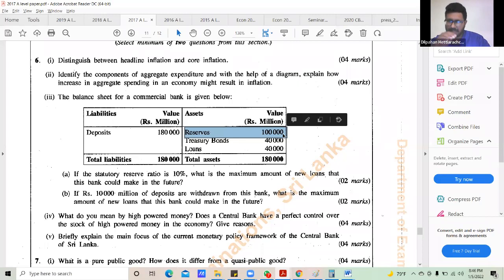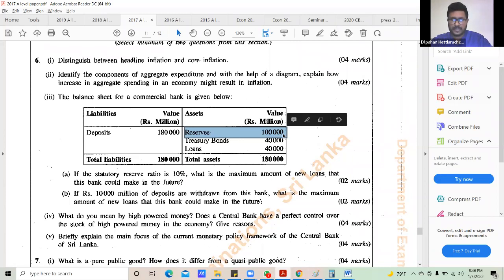Most of the time, these components will be there in most of the questions. These are very common components of balance sheets. So we'll go to question A. If the statutory reserve ratio is 10%, what is the maximum amount of new loans that this bank could make in the future?